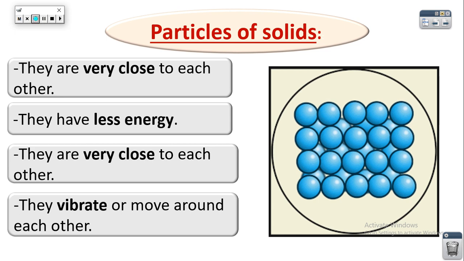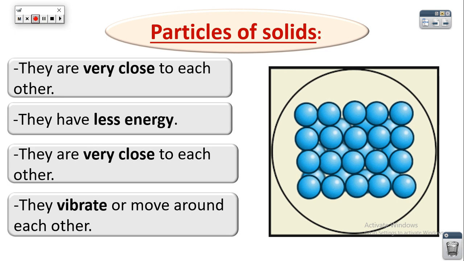Okay, so to understand the particles of solid, liquid or gas, we will talk about three points: the space between the particles, the energy of the particles, and the motion of the particles.